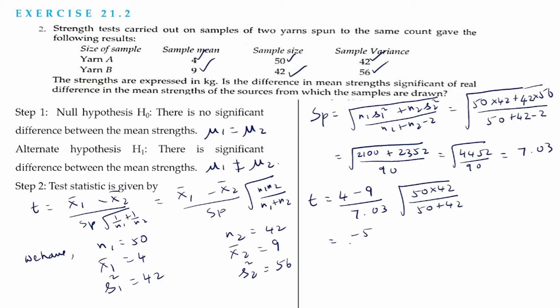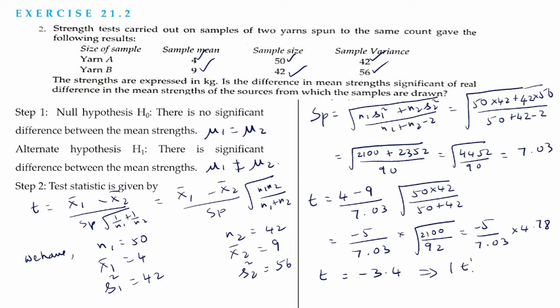So this is equal to minus 5 by 7.03 into root of 2100 upon 92. So when we simplify, we get it as 4.78. So finally we get the t value as minus 3.4. So from this we have mod t is equal to 3.4.